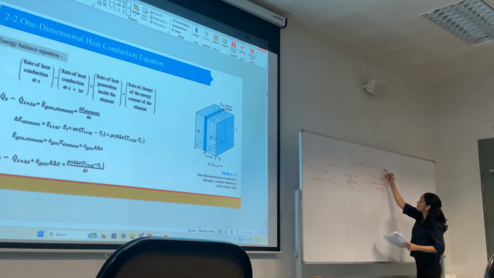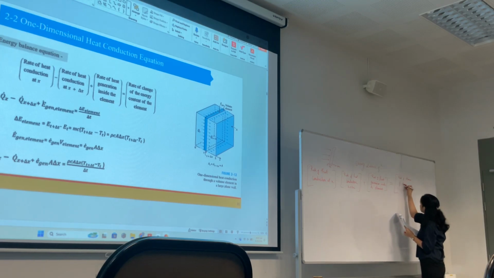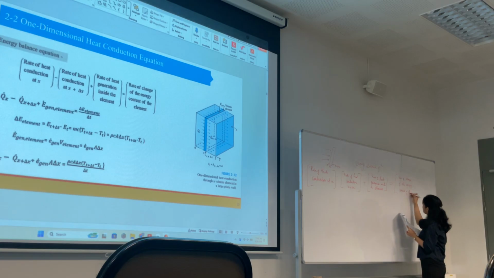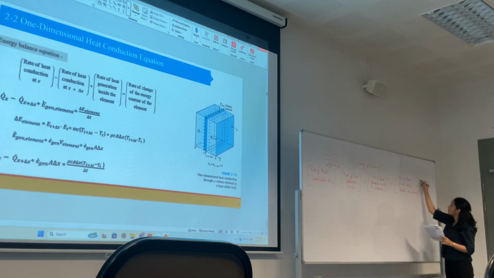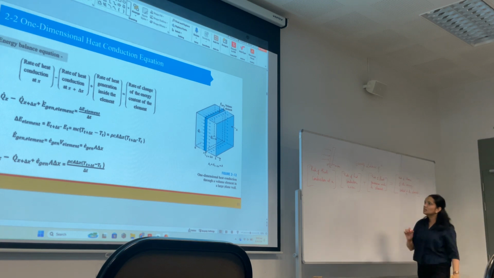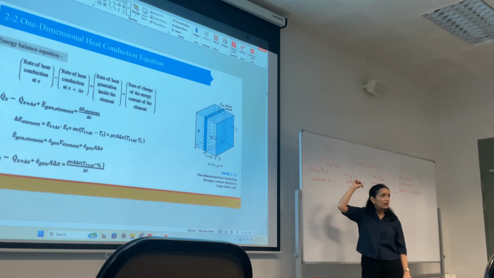This is the equation. This is only applicable for this type of shape, only for a rectangle, not sphere, not cylinder.